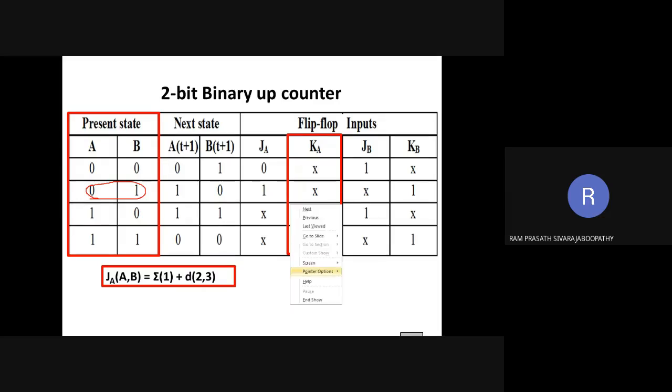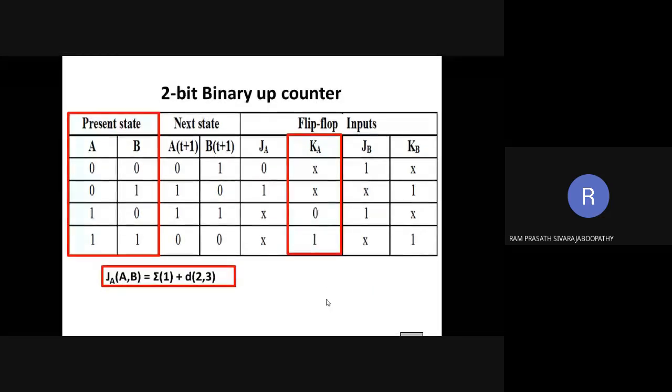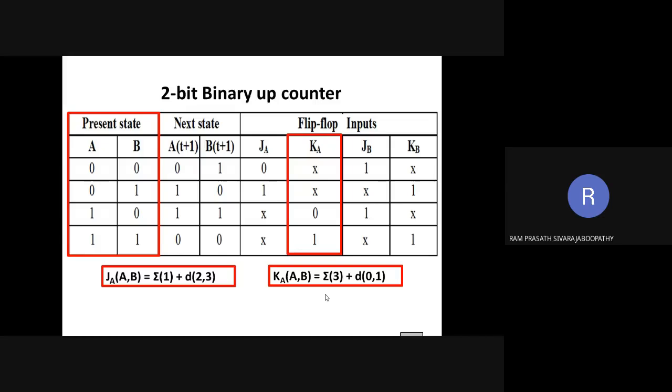What will KA be? Type it, let's see. How will it come for JB? Yes, sum 3, don't care terms are 0, 1. Very good. Very good response. So similarly, we have to write it for JB. Sum is 0, 2, don't care is 1, 3.